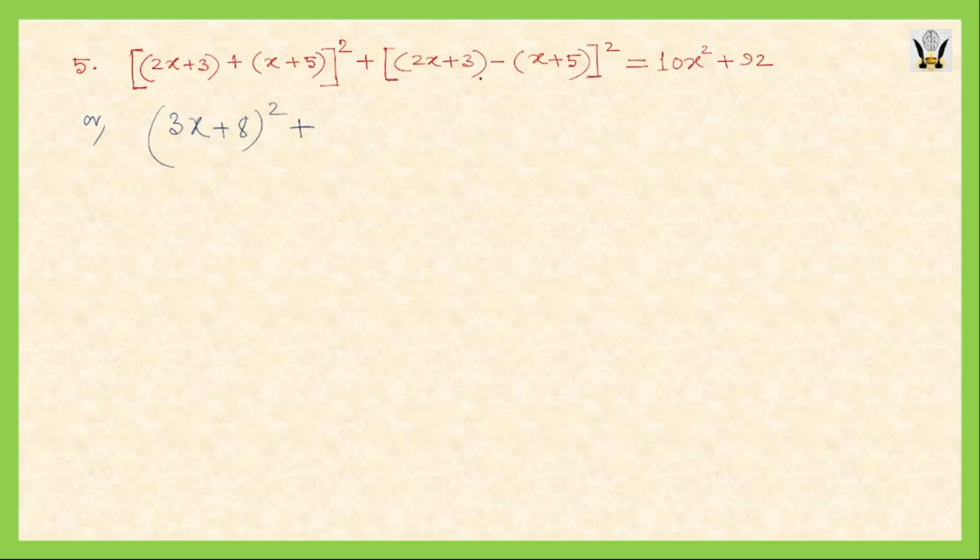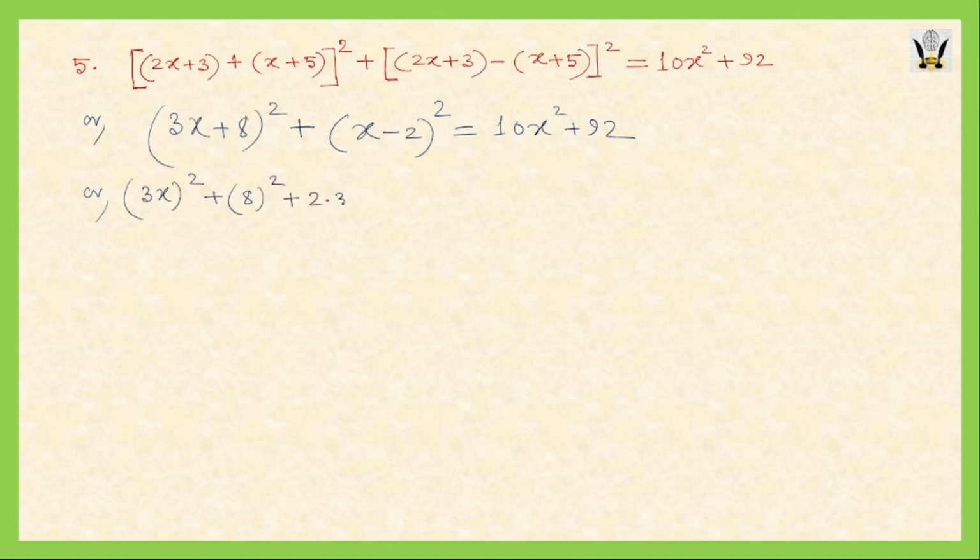Then we have 2x minus x, so it will be x only. 3 minus 5 will be minus 2, and then the whole square of that. And on the right side we have 10x square plus 92. So if we simplify further, we have the identity a plus b whole square. So a square means 3x whole square, plus b square means 8 whole square, then plus 2ab.